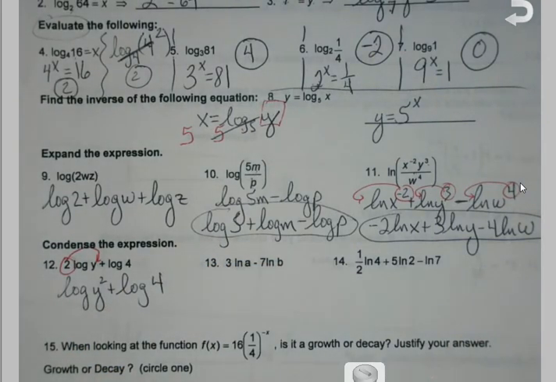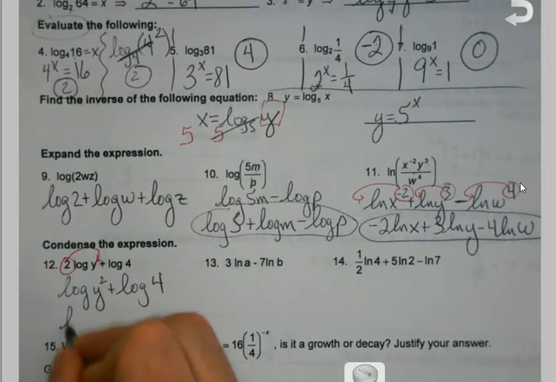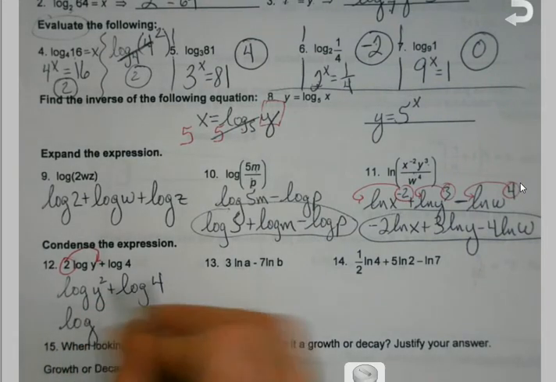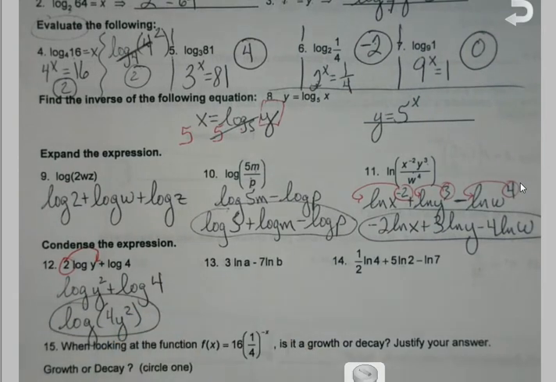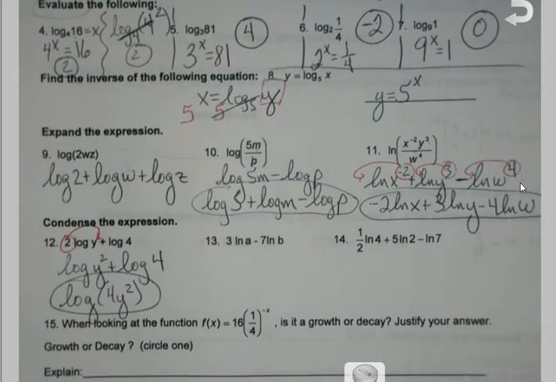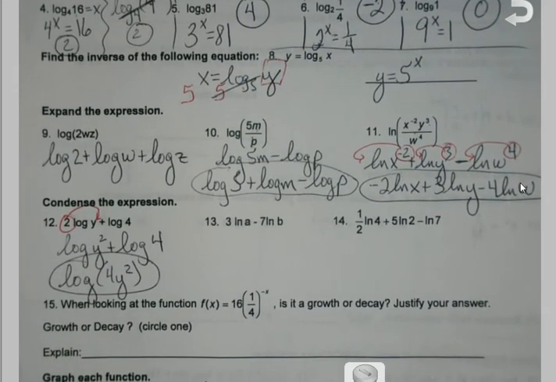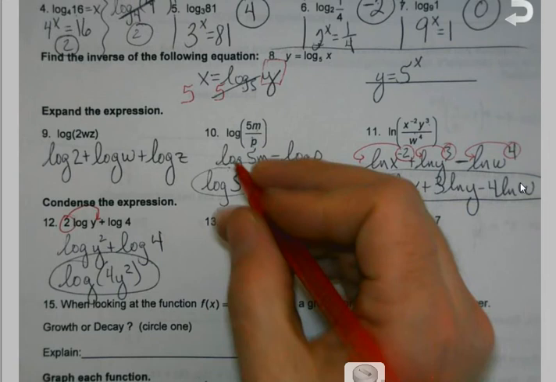And once I get that set, plus becomes multiply. So y squared times 4 is 4y squared, and I'm back to a single expression, or a single term. But the rules are the same. It just depends on what direction you're going in.